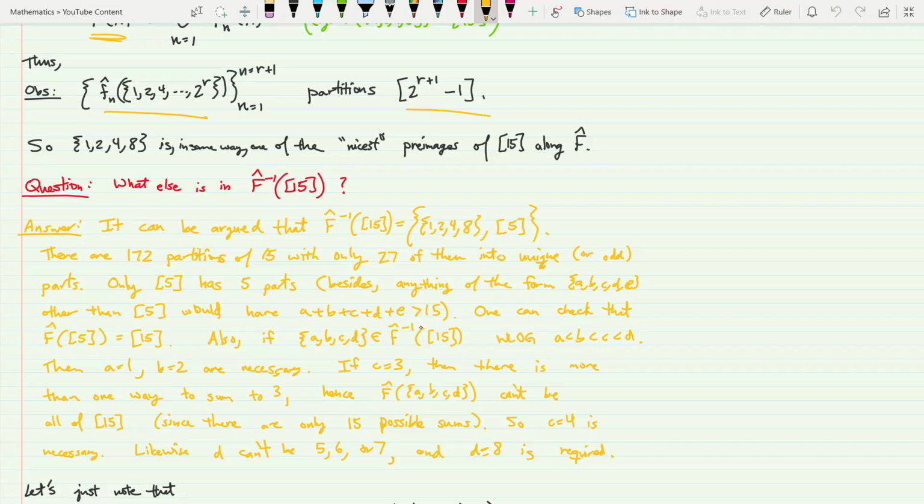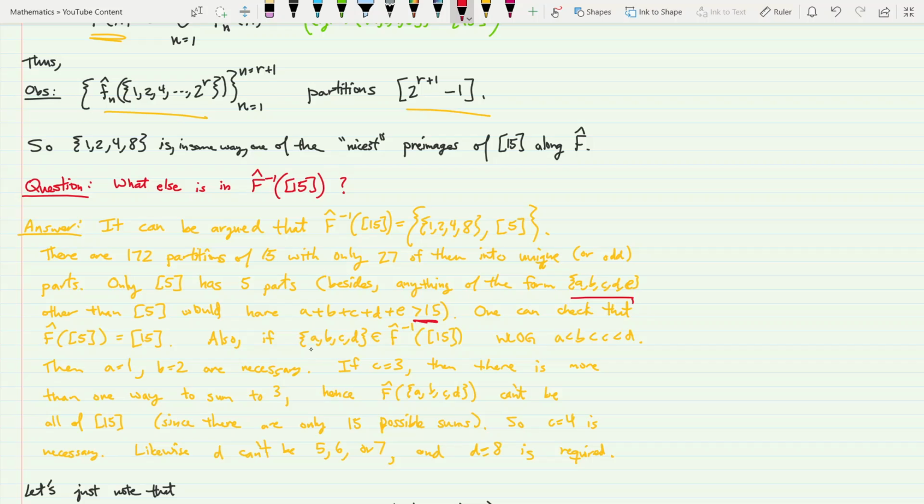So the argument is, if you had anything else, any a, b, c, d, e of length 5, the total sum of all the elements would be greater than 15. And we have to be a precise inverse of {15}, so we can't have anything larger if we map across with F hat. So of course it's the only possible 5-element set in this preimage.